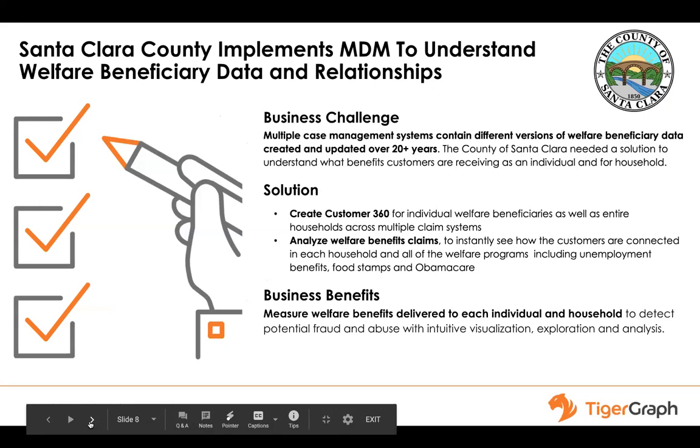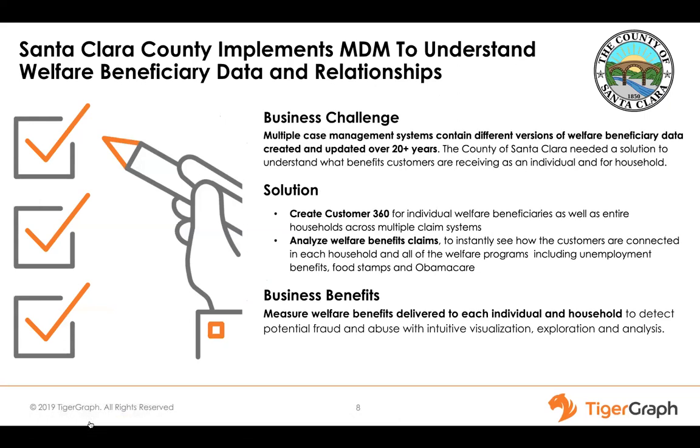One of our customer examples is Santa Clara County, where we created Citizen 360 and analyzed the welfare benefits to different applicants in the county by really analyzing the relationships in the data collected in the applications and also across multiple claim systems.